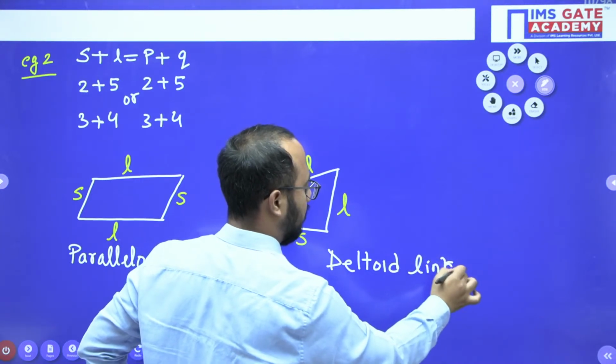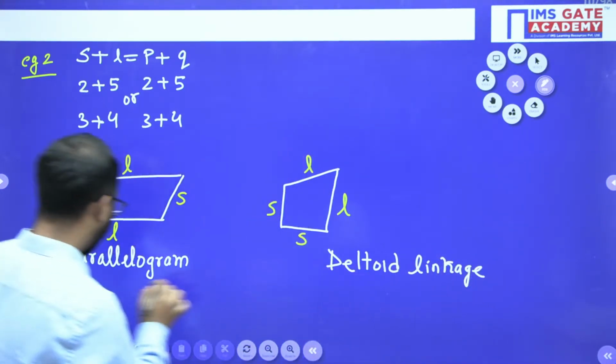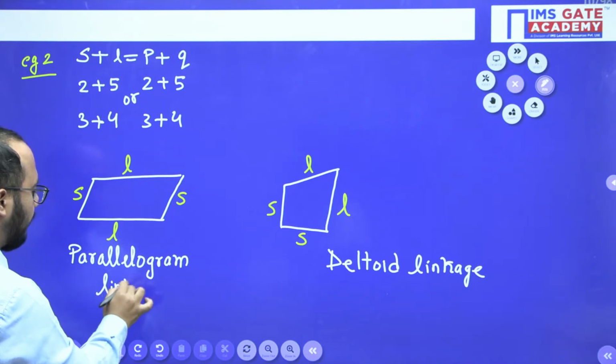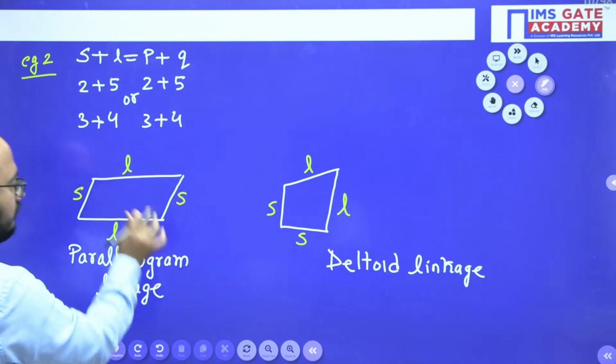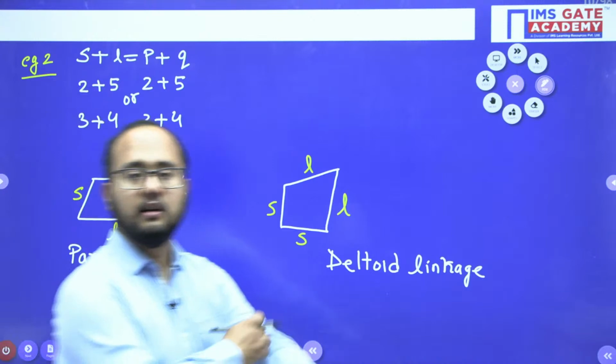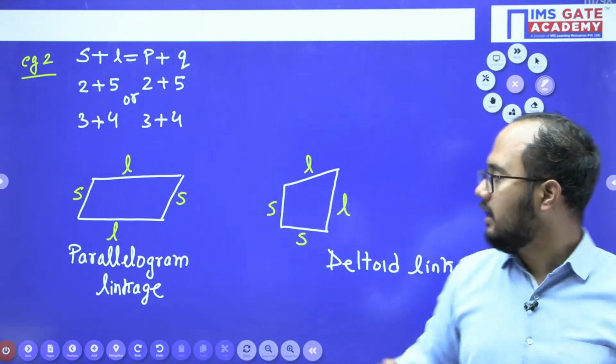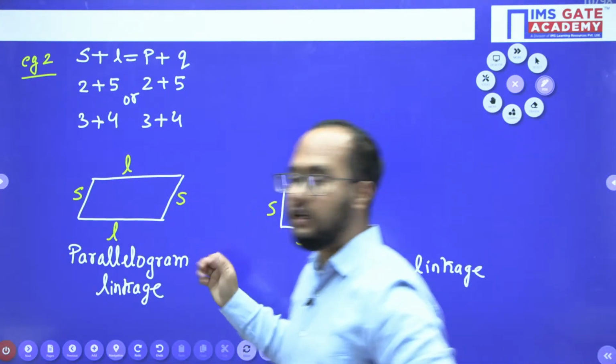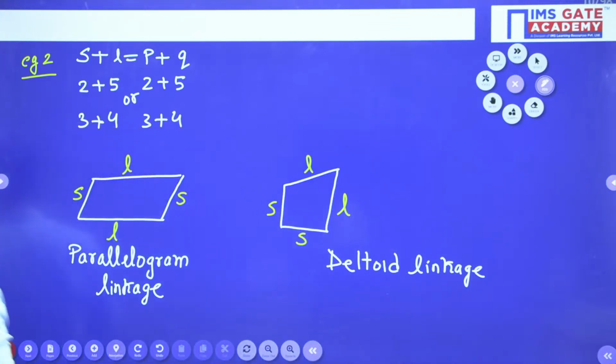Deltoid linkage. Okay. Now quickly tell me what will happen if I fix the smallest link in the case of parallelogram linkage?